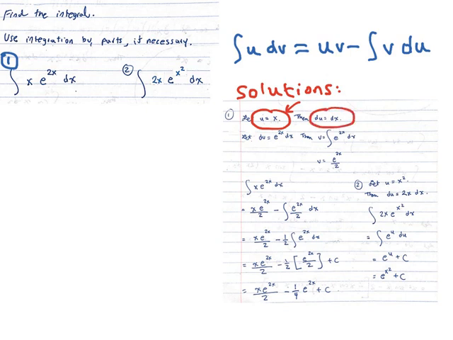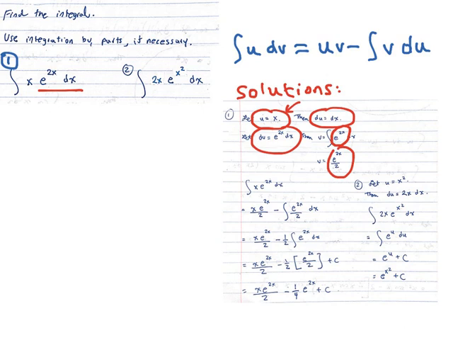So that would be something that we can try. So the rest of the integrand would be dv. So we let dv be e to the 2x dx, and we integrate to find v. So an antiderivative of e to the 2x with respect to x would be e to the 2x over 2.